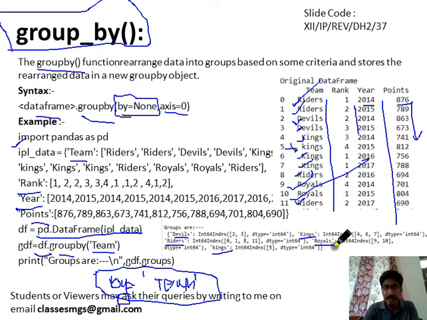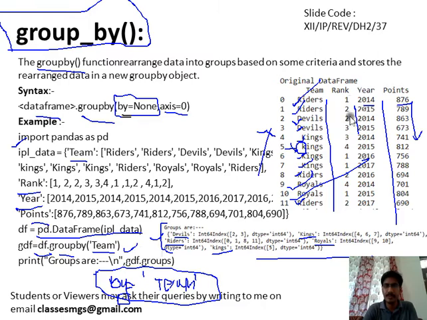So 5 groups are created with the names riders, devils, royals, Kings starting from the capital K, and kings starting from the small k. So these 5 groups will be created if we execute this line, df.groupby team.